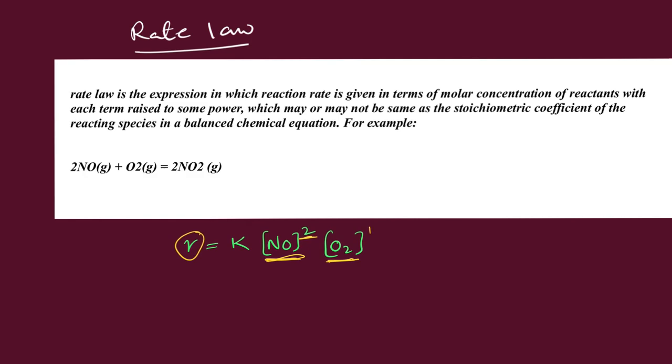Nothing is given, meaning that is 1. These powers may not be the same as the stoichiometric coefficient. Now here the stoichiometric coefficient of this reaction is 2 and here nothing is given, so 1. So these are equal here. Therefore now x is equal to 2, y is equal to 1 and these are equal to the stoichiometric coefficients.